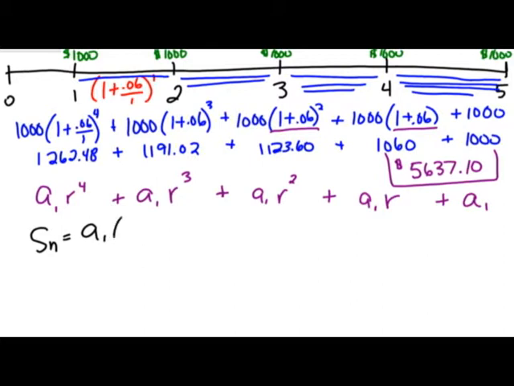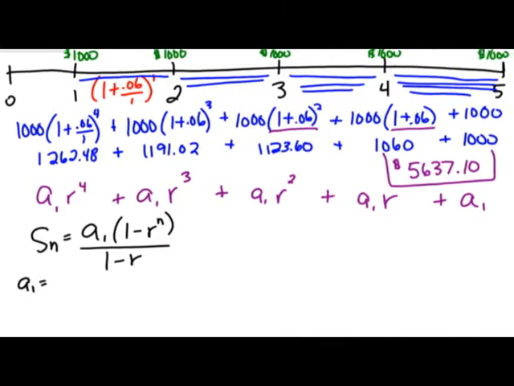My first term times 1 minus r to the n over 1 minus r. Could I call my first term in this Gaucho example 1,000, which is the same amount as his yearly payment, right? Can I call that P, just to kind of generalize it, P for payment?